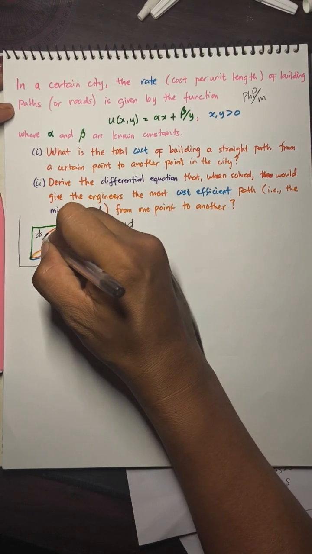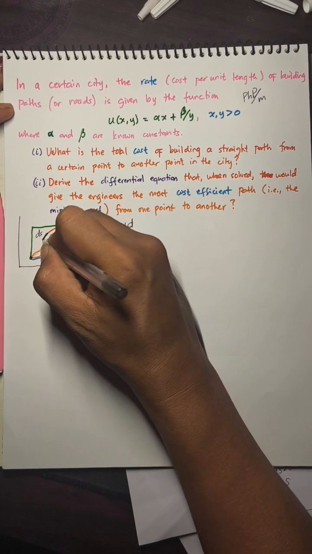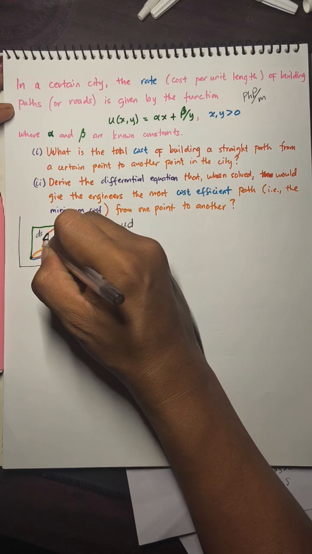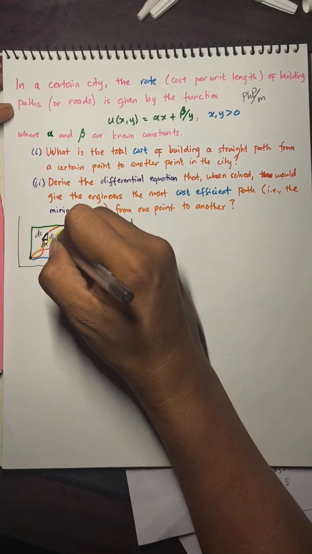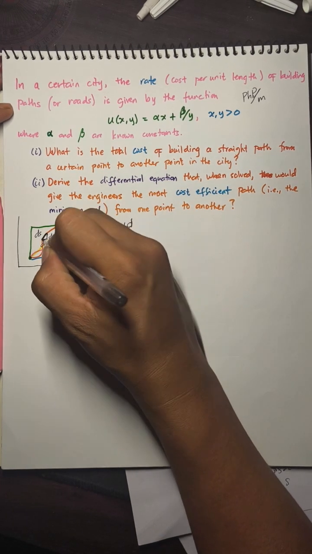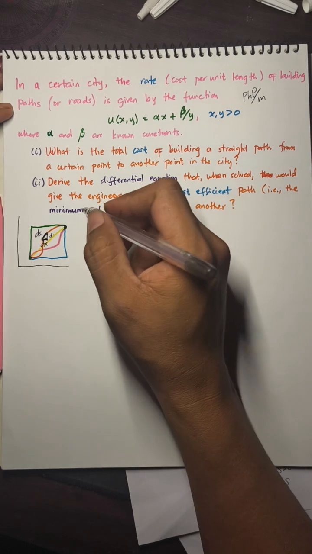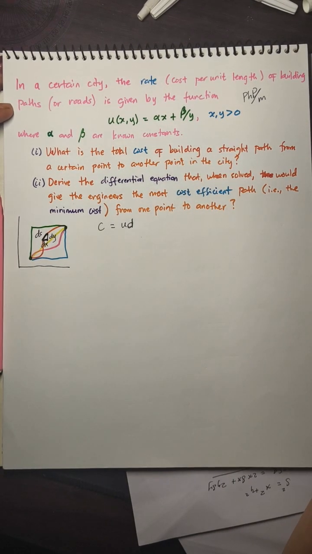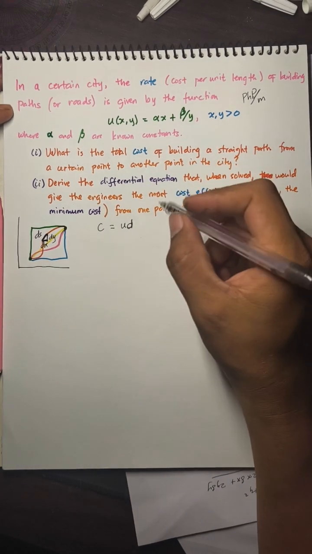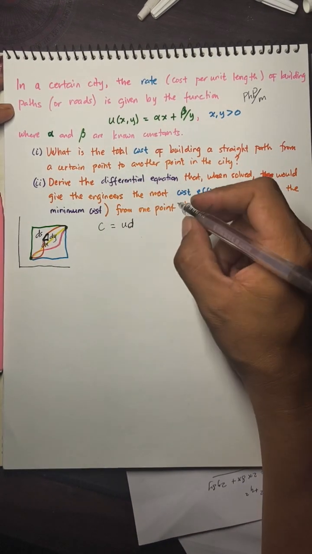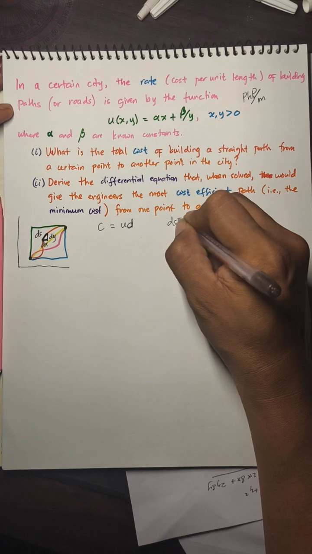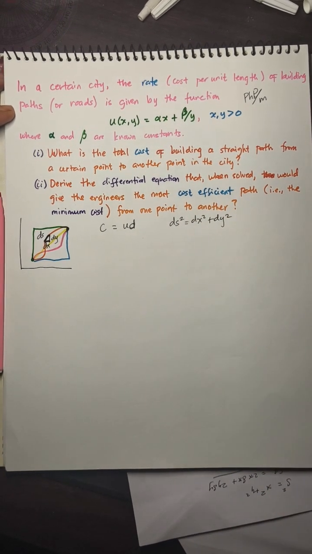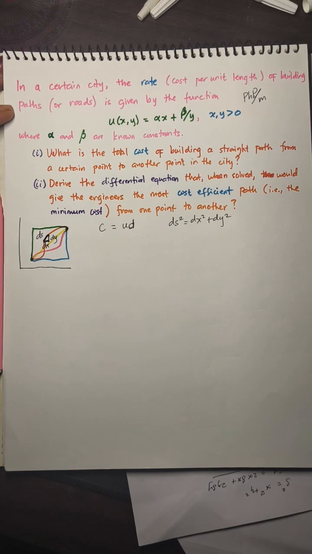That ds is approximately a straight line, with a horizontal distance of dx and a vertical distance of dy. Assuming a Euclidean space, based on the Euclidean metric, ds squared equals dx squared plus dy squared.